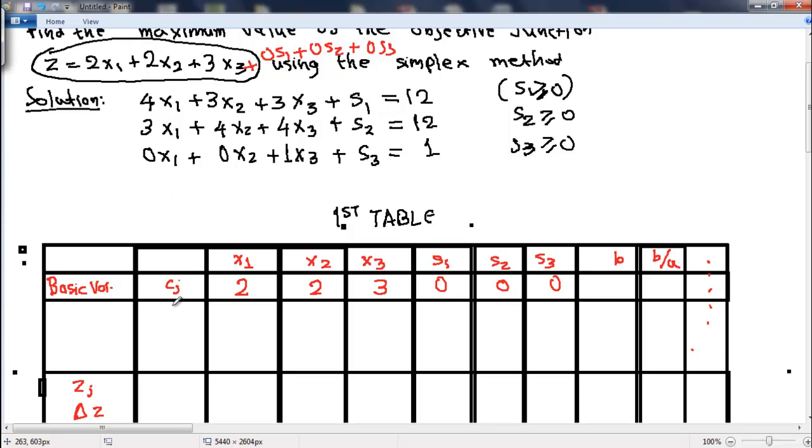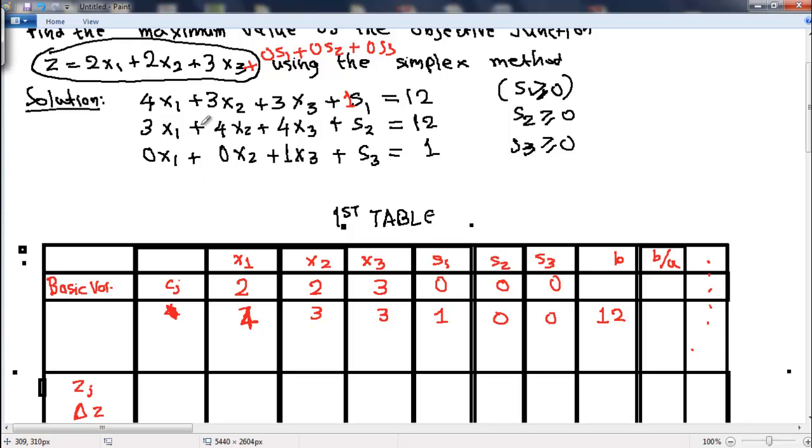So this is 4, and the other coefficients are 3 and 3, then for S1 I have 1 because the coefficient here is 1, S2 0, S3 0 since I don't have S2 and S3 here, and here I'm writing the right part of the equalities, so 12. That's how I completed the first row.